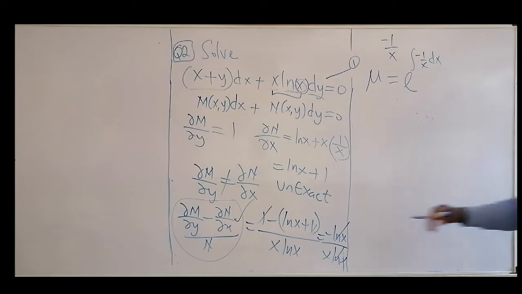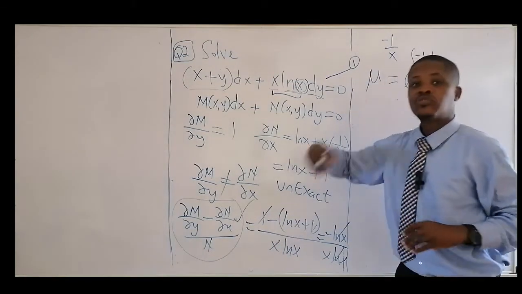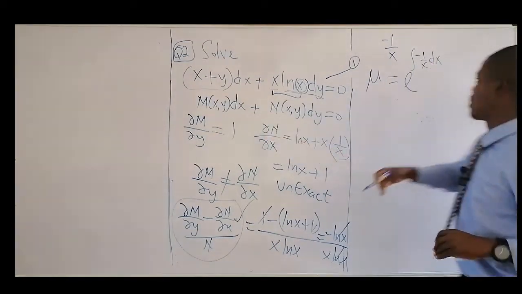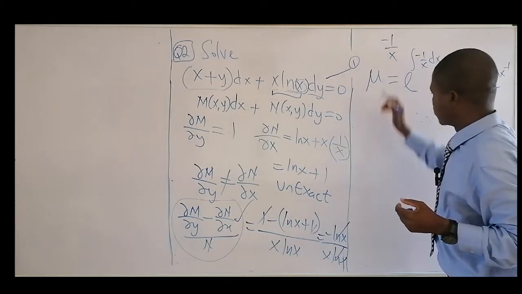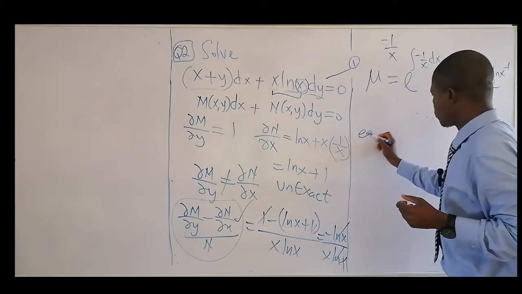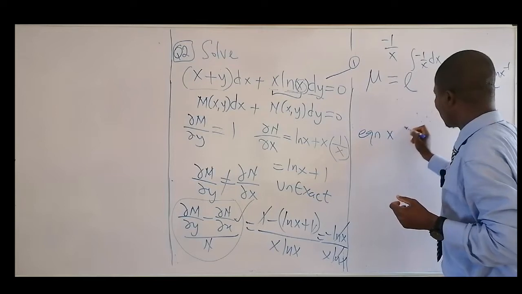If it doesn't contain one function, then you have to use the other one. That will be equal to the exponential of minus ln x, which is e to the ln x to the minus 1, and that's equal to 1 over x.